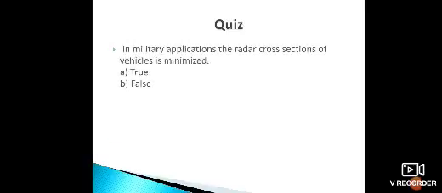Next. In our military applications, the radar cross section of vehicles is minimized. Radar cross section of vehicles is minimized or not? Please note this question.